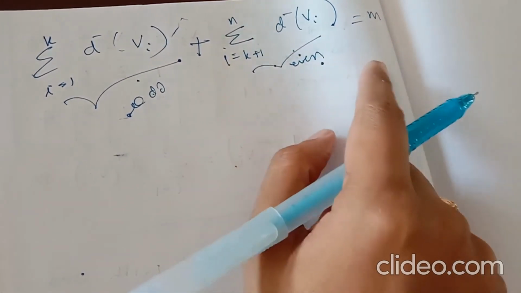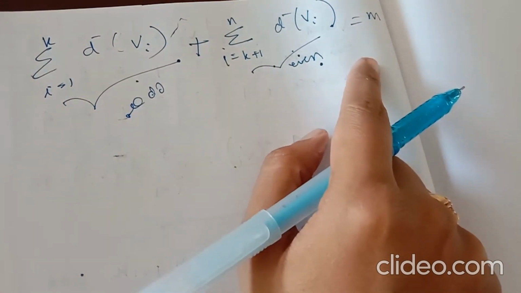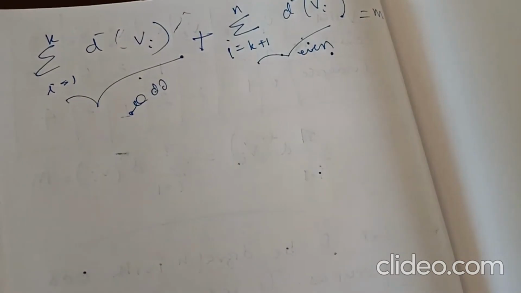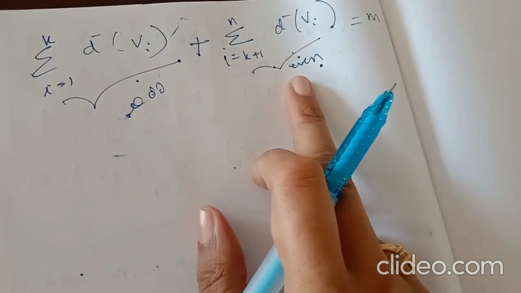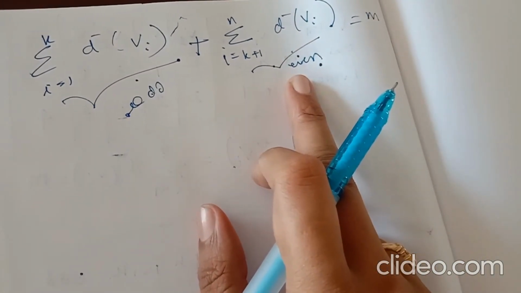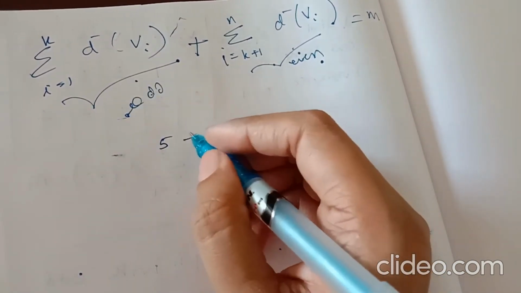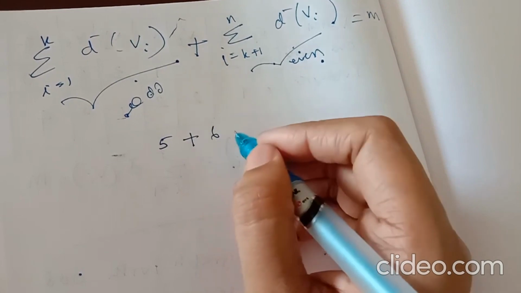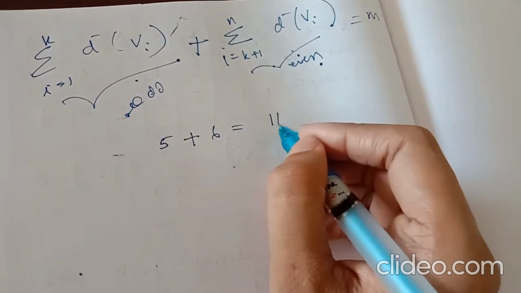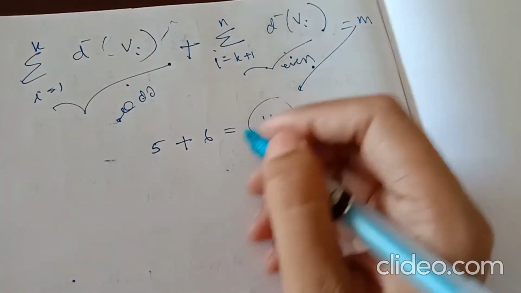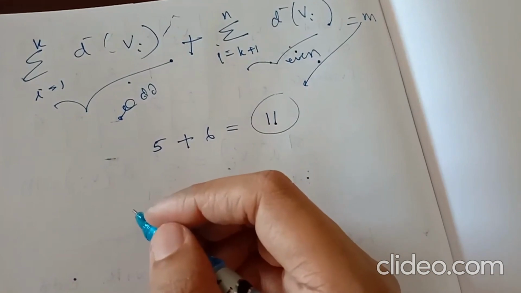So this sum is equal to the number of edges. Now the second sum on the left hand side is even, right? So if the first sum is odd, and the next sum is even, what should be the value? What should m be? m must be odd, right?